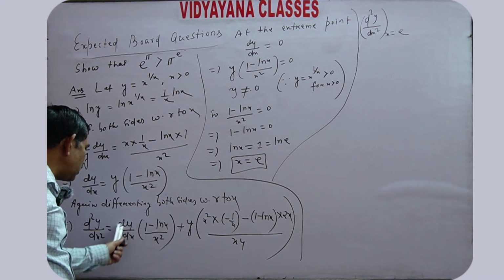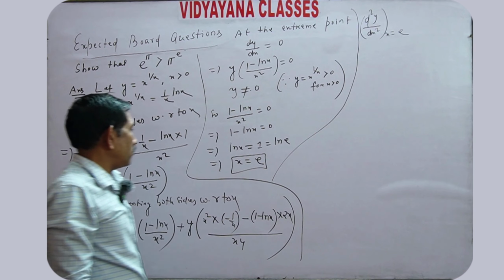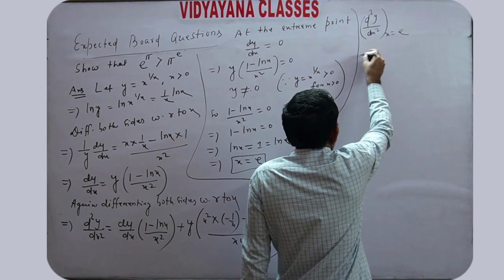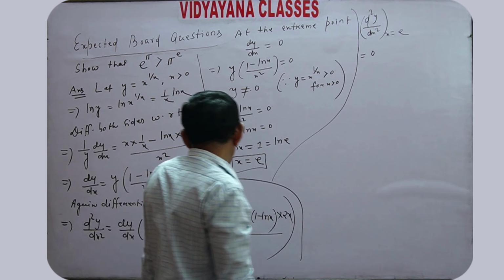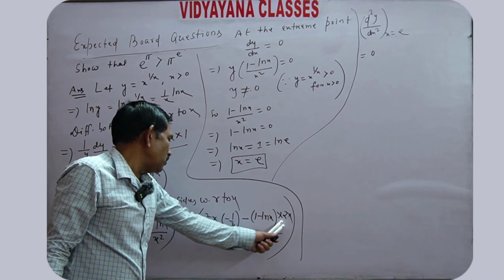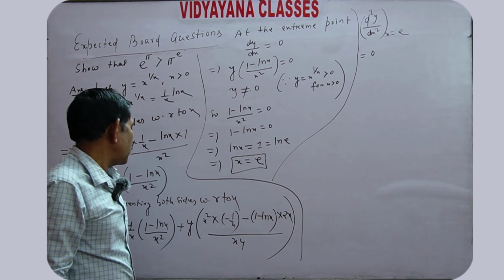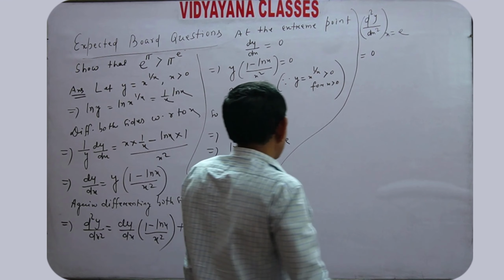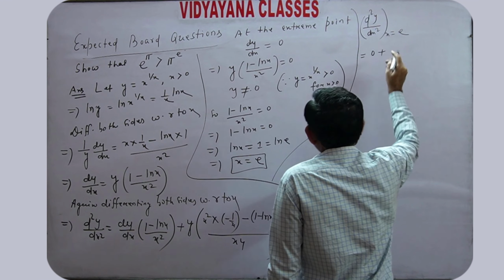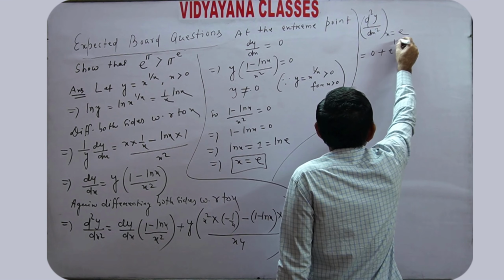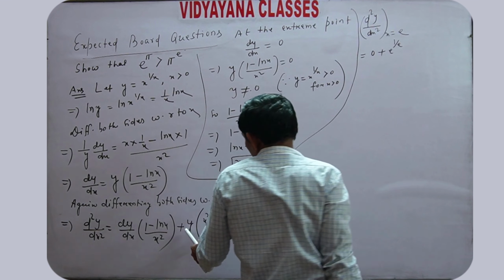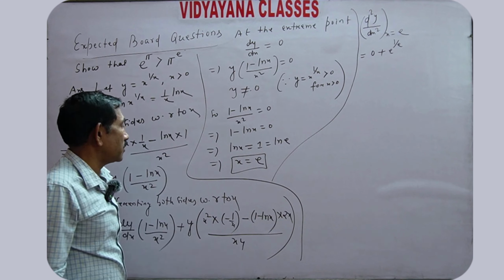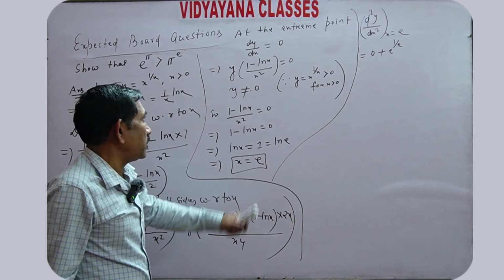So this term is 0, the first term is 0, and this term is also 0 in the sense of the remaining term. Y is equal to x to the power 1 by x, so it is e to the power 1 by e, at x equal to e.